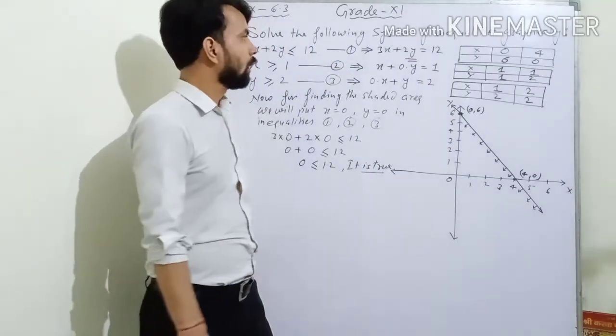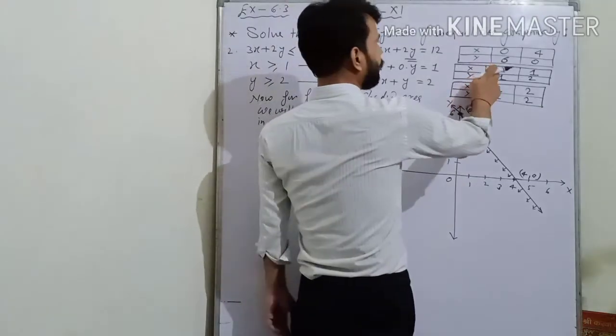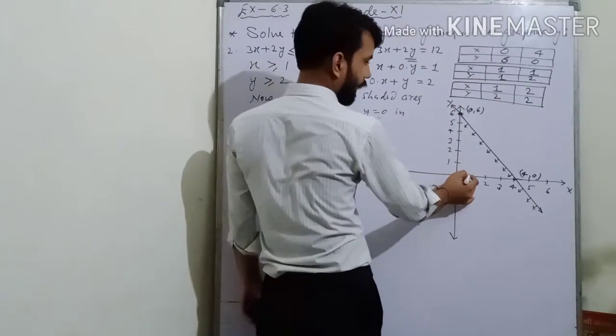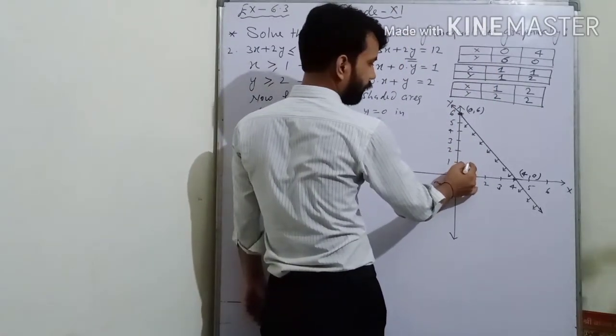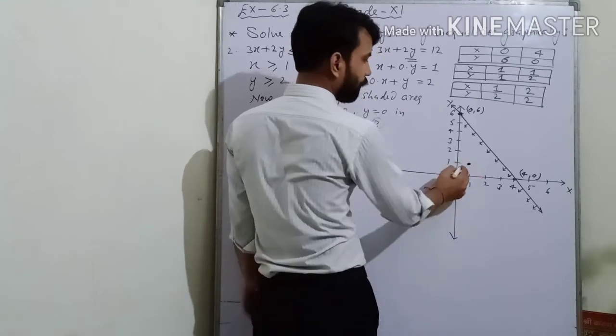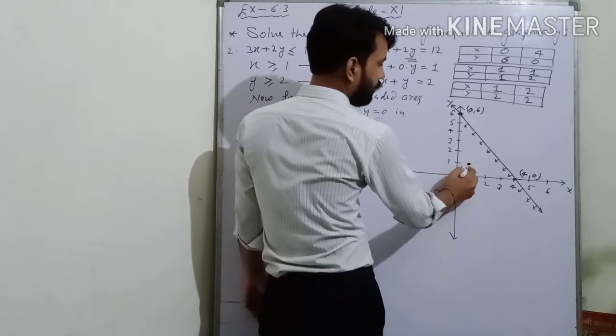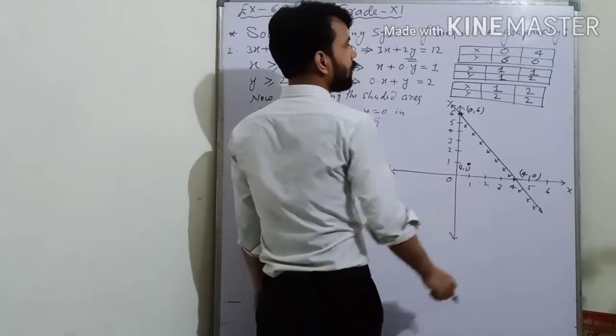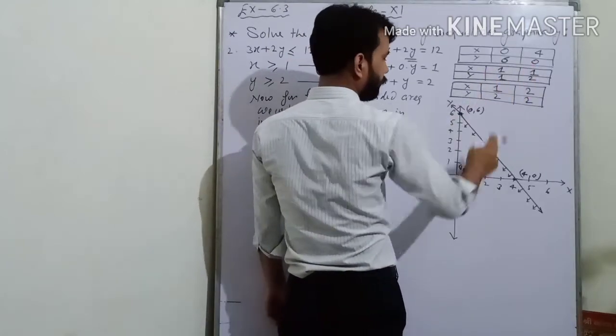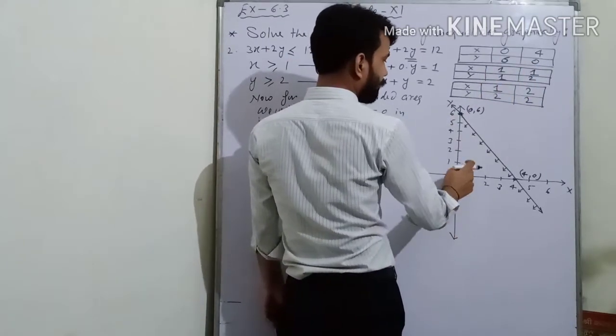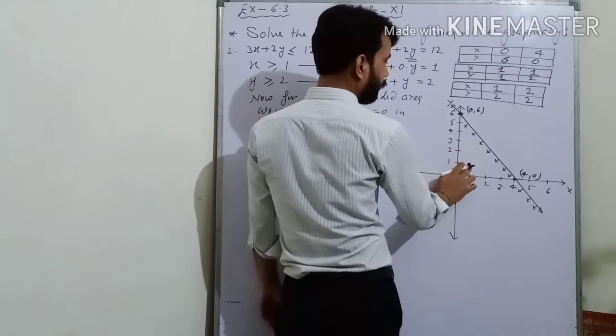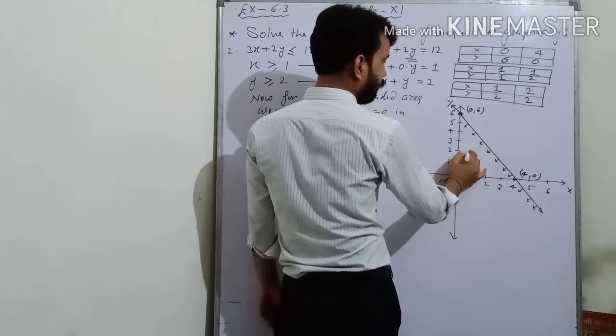Clear? Now the second point is x 1 and y 1. This is the point (1, 1). The second point is x 1 and y 2. The x 1 and y 2 point will be here.